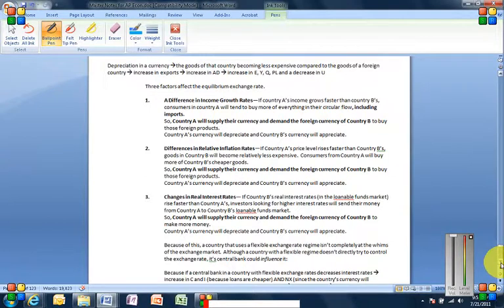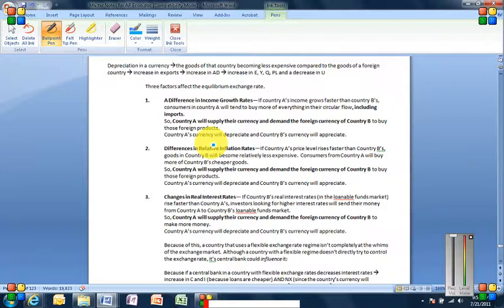Their prices are going up not as fast. Or, who knows, maybe their prices haven't gone up at all, or they've experienced deflation. All that matters is the difference between the two countries, just like the difference in the two countries' incomes. You could say the same thing there, as a matter of fact. If the United States is country A, our incomes are going up, and incomes in Mexico are decreasing, it would have the same impact.